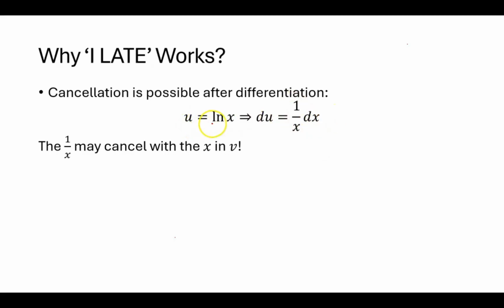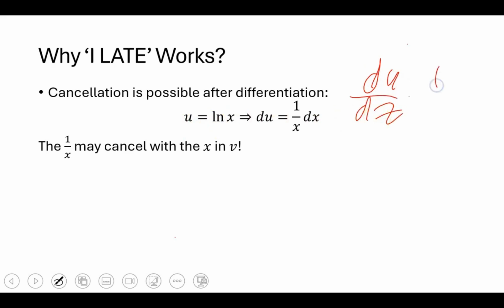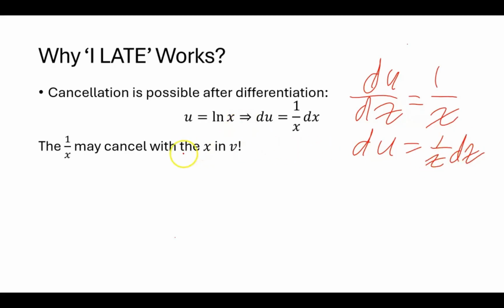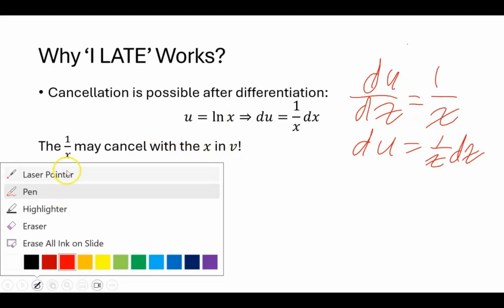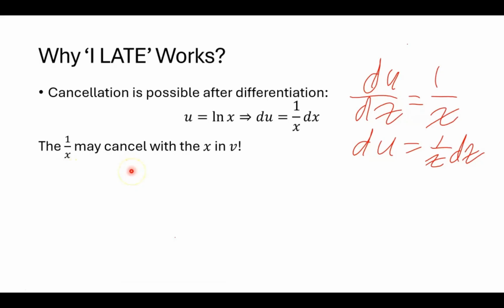Because if u is natural log of x, then du/dx, if you remember the rules, is just 1 over x. And then if you move this dx to the right hand side, you get du equals 1 over x dx. And the 1 over x may cancel with the x in dv, so your problem will hopefully get easier.